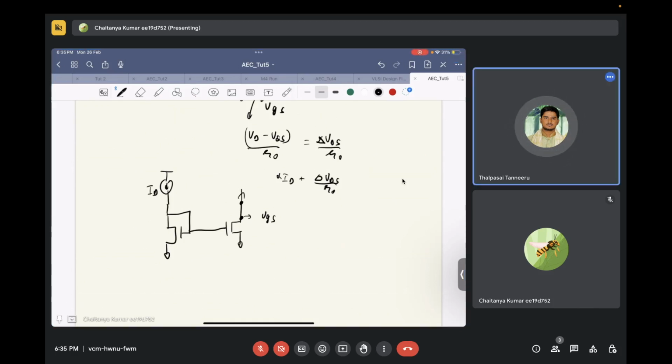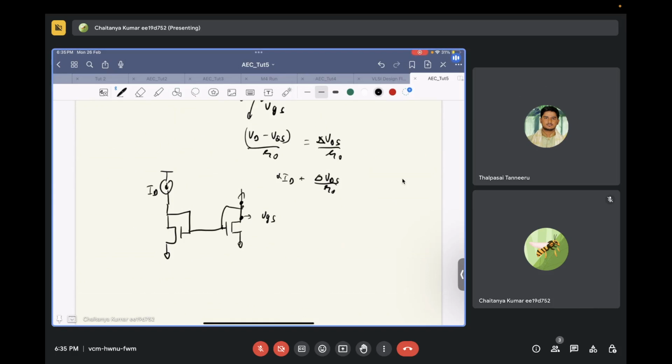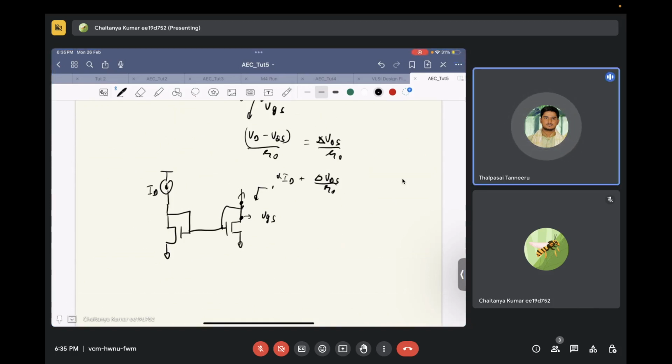Lambda times of ID, right? No, but ideally what should it be? Infinity. If you diode connect it over here, what will be the looking in resistance from this node? 1 by gm. Is 1 by gm very small? Yes, very small, correct? So you can't do that.